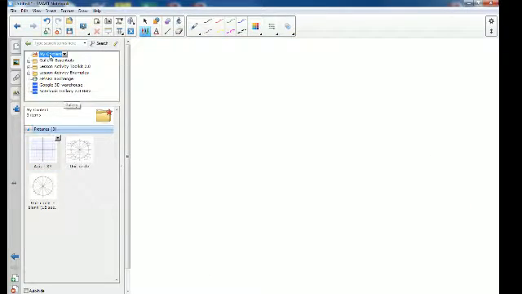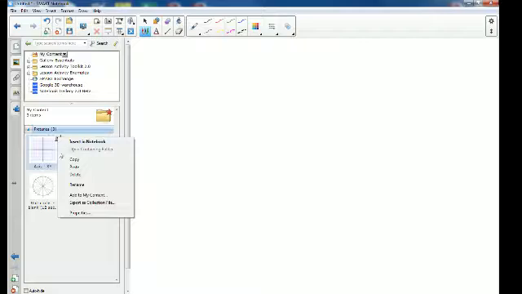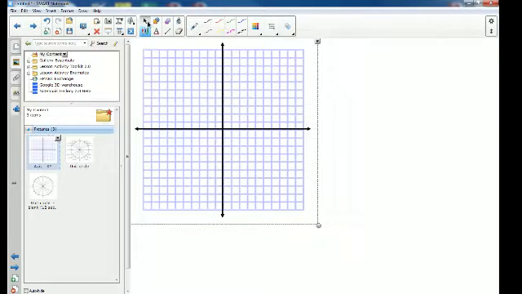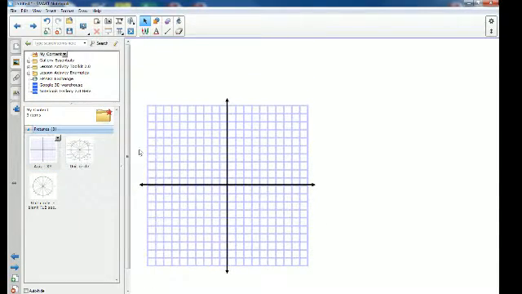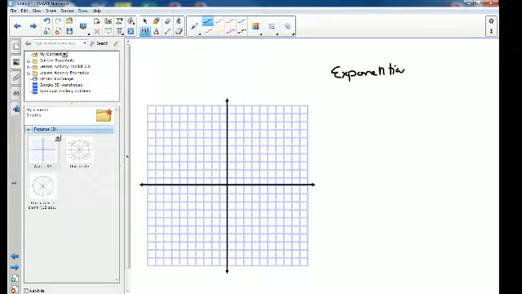What would the number be for exponential decay? The numbers between 0 and 1.